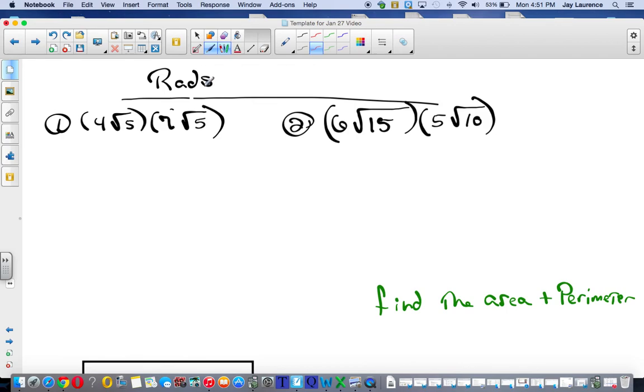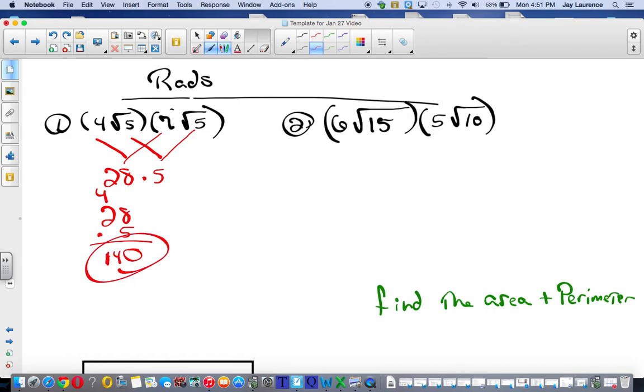Rads. Okay, we're going to multiply rads. We're going to do 4 times 7, get 28. Big mistake coming up. A lot of people write down rad 5. Absolutely not. Rad 5 times rad 5 is 5. So my problem is 28 times 5. 0, carry the 4. 10, 140. My answer is 140.